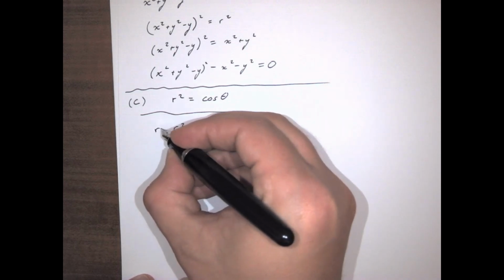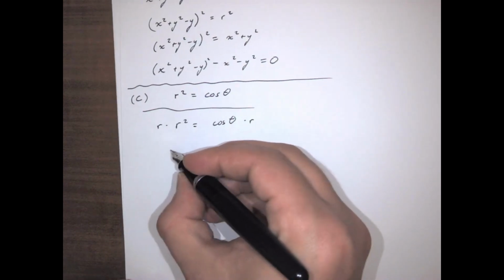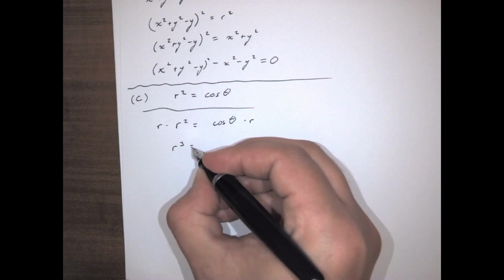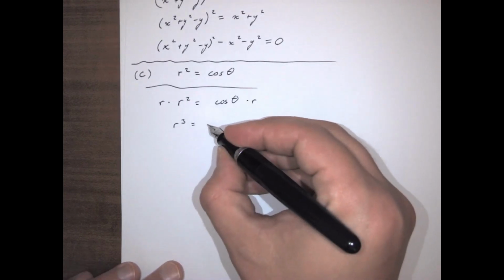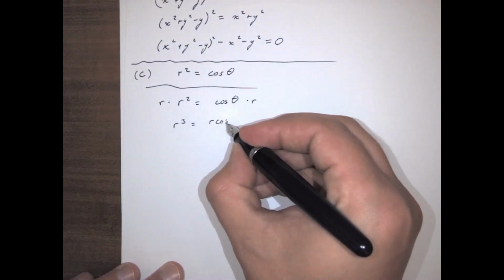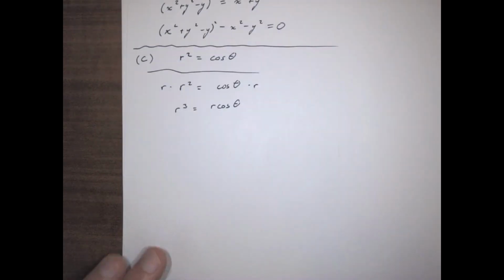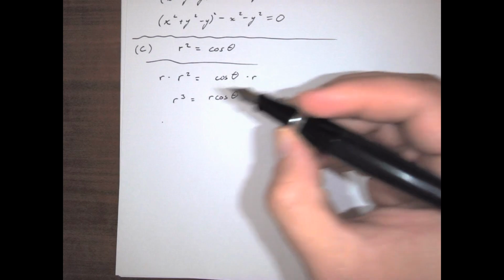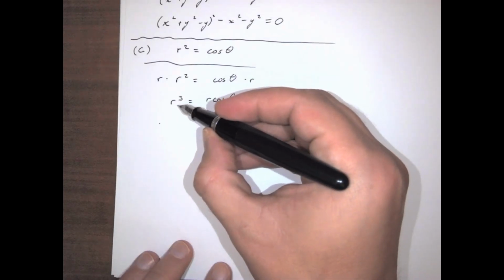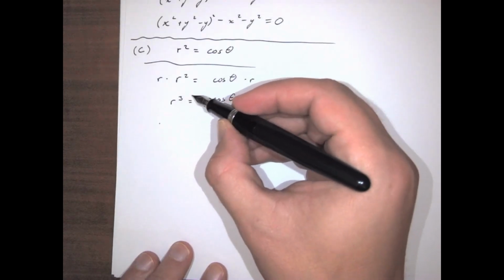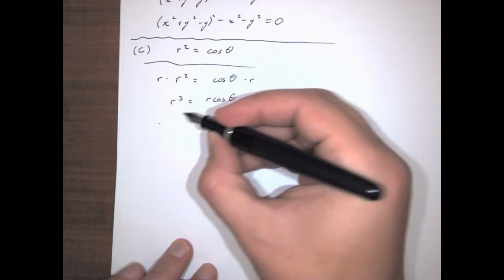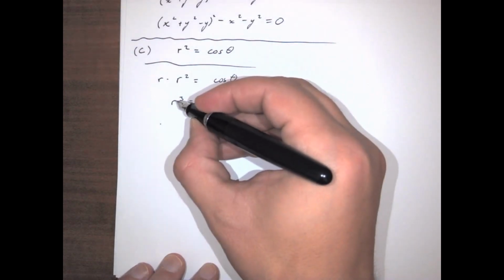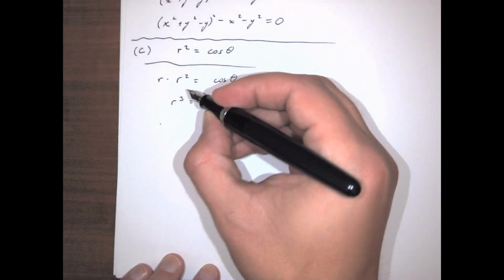But that's what we'll do anyway. This is r to the third now is equal to r cosine theta. Okay, so now we're totally satisfied with this side, relatively unsatisfied with that side. It doesn't really fit any of our patterns. If this were something that involved an r squared, it would.